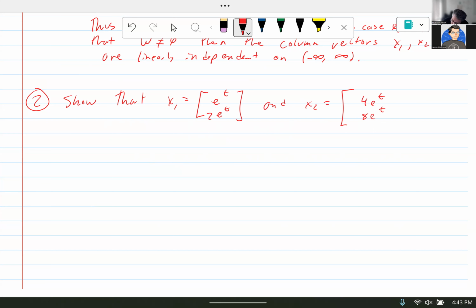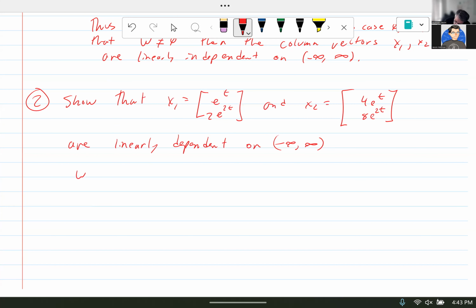Oh, these should be 2 t's, I'm sorry. This is e to the 2t, and this is 8e to the 2t. Show that these are linearly dependent on negative infinity to infinity.